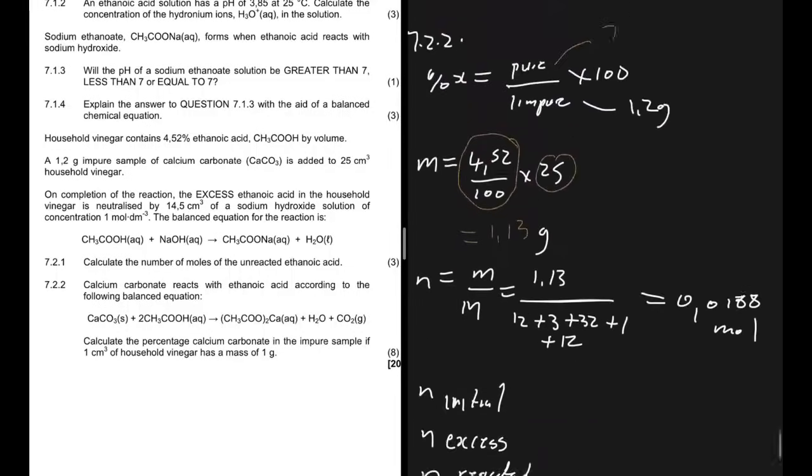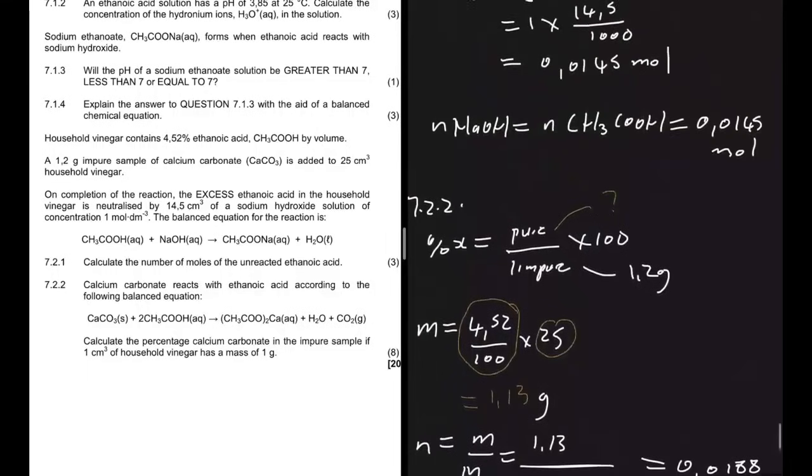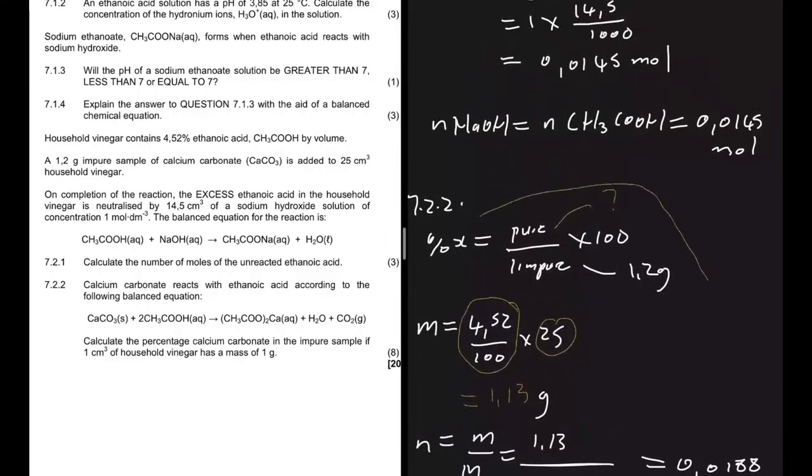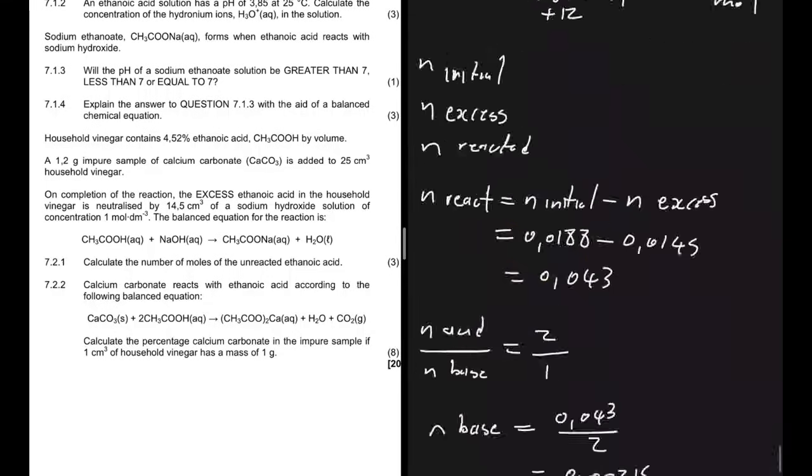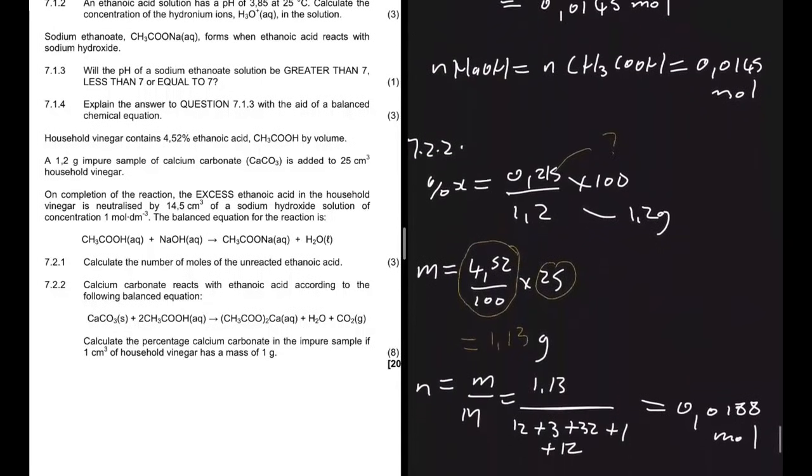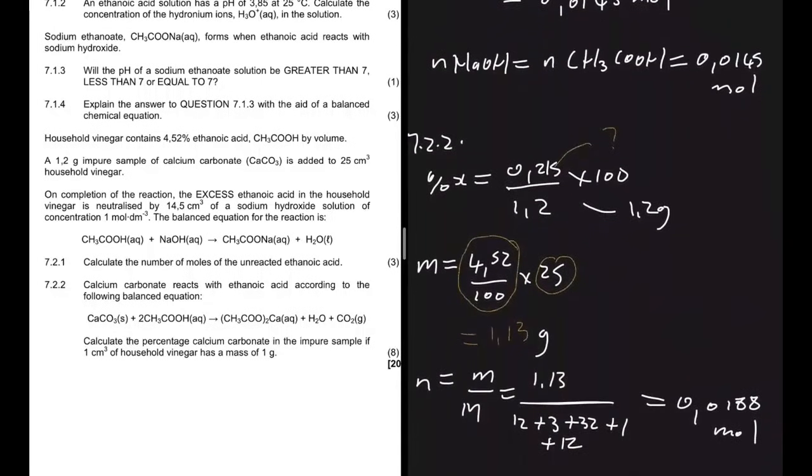So now we can come back to our formula for the percentage purity. For the impure, we put 1.2, and for the pure, we put 0.215. If we multiply that, we get about 18.08, or something somewhere there.